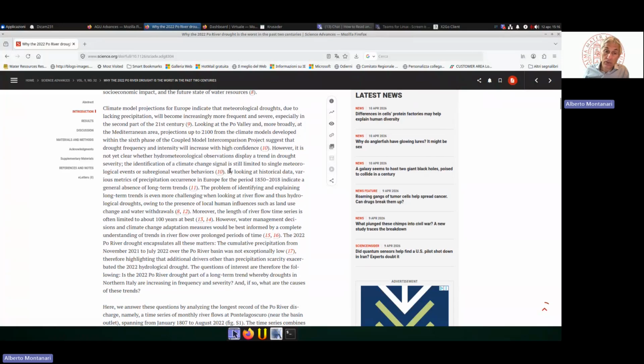And there are also details, if you look here, on the analysis of historical data, which may confirm or not confirm the projections given by climate models. And then there is a mention of the challenge of identifying if indeed climate change is implying an exacerbation of the severity of droughts.